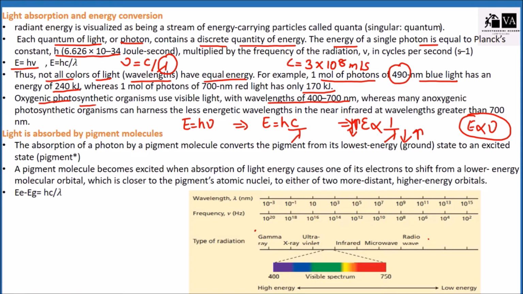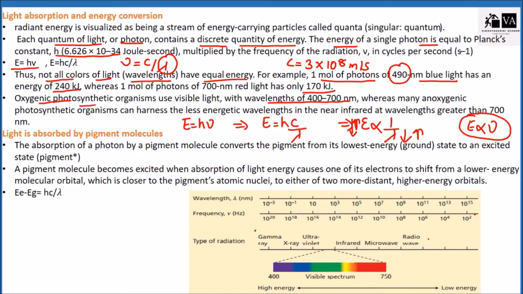On the other hand, energy is inversely proportional to λ. If we move from gamma rays, the energy will be high, but the wavelength will be low. And if we move from gamma rays to radio waves, energy will be low and the wavelength will be high, because energy is inversely proportional to λ and directly proportional to frequency.